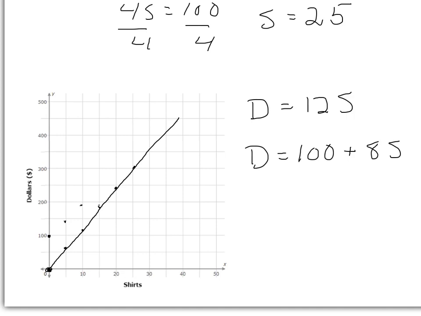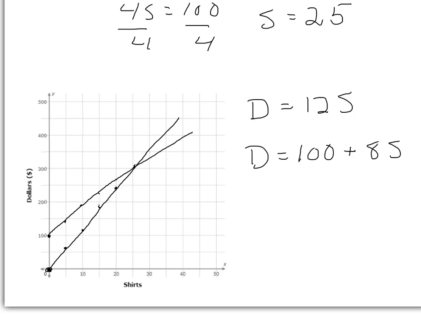Just about there. 15 shirts, $220. About there-ish. 20 is 260. And then 25 goes up to 300 again. So that's kind of a special point right there. I'll try to connect these.